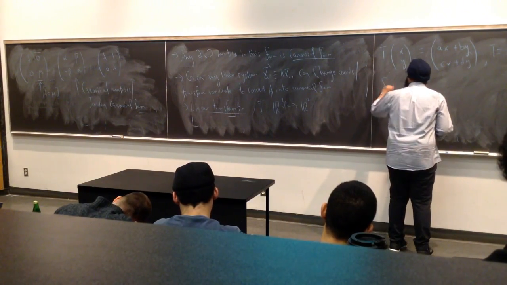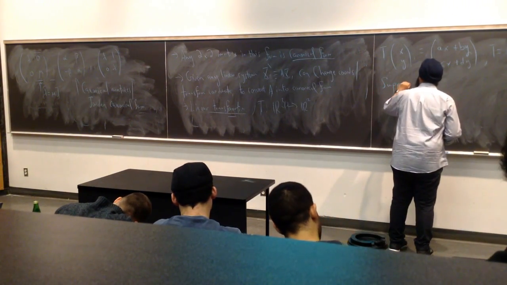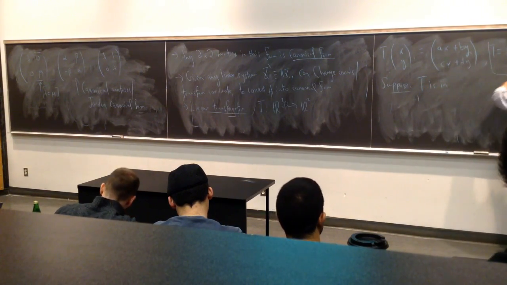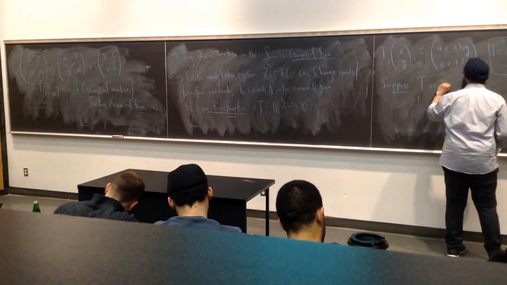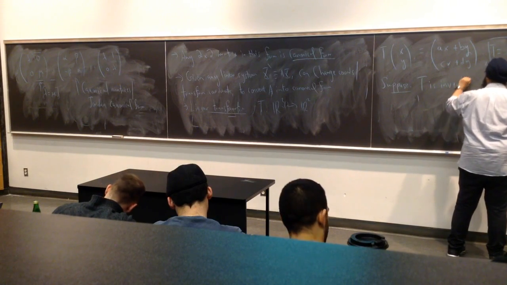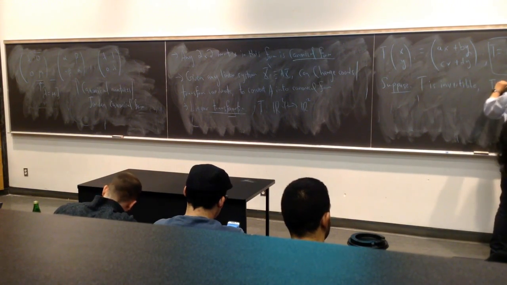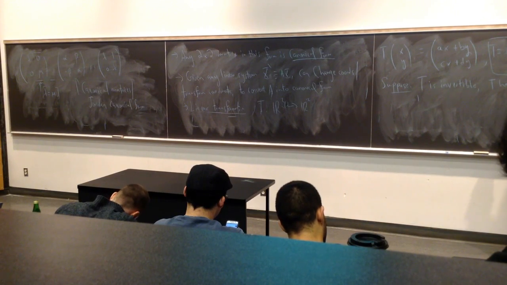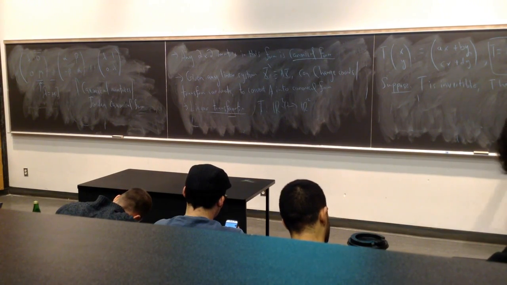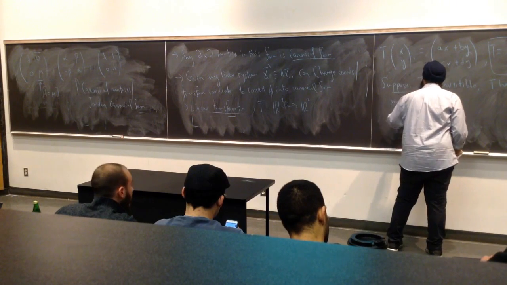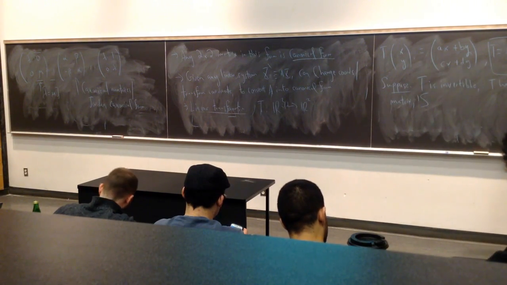Now suppose that T, which is this matrix here, is invertible. That is, T has an inverse matrix, call it S, for lack of originality.